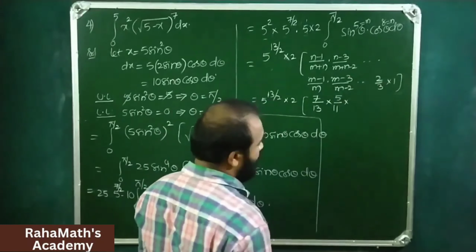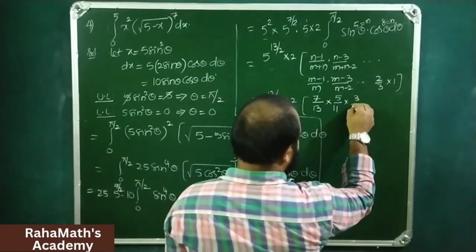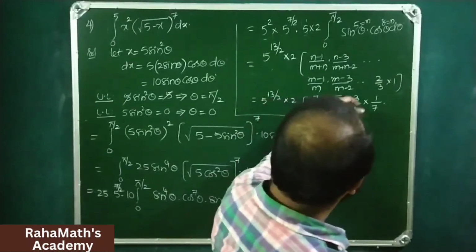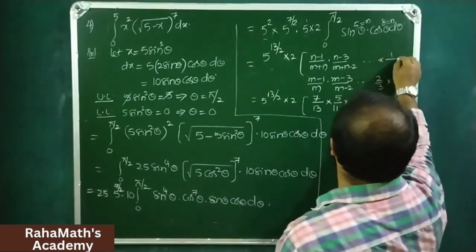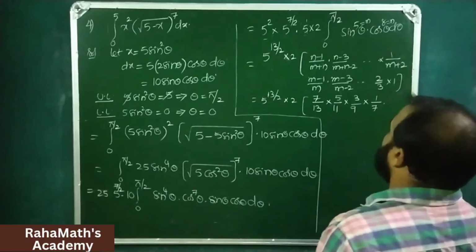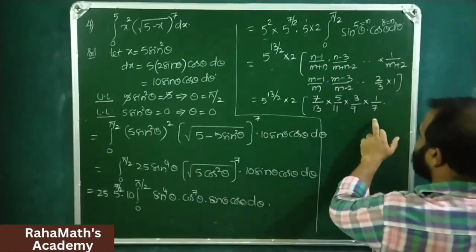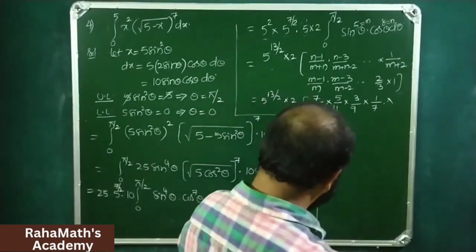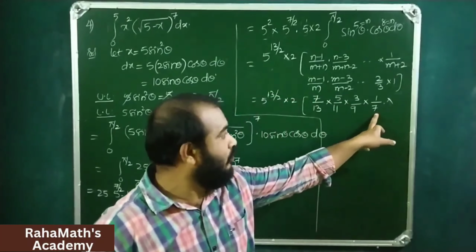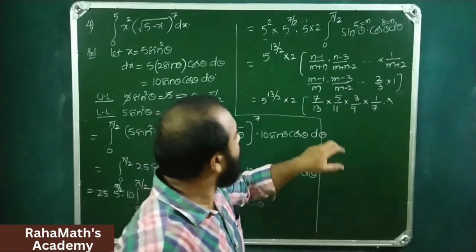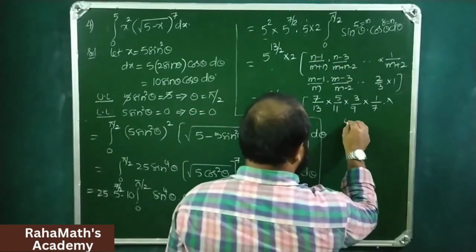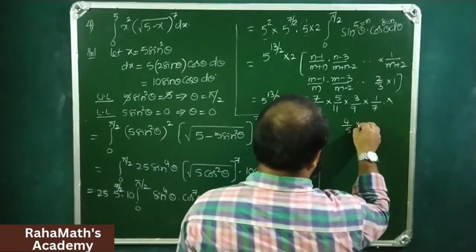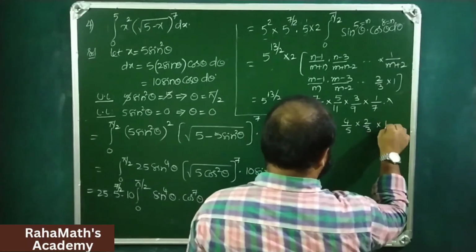Further reduction is possible, so this is 3 by 9. Further reduction is possible, 1 by 7. And check this with the previous term. What is the previous term of this? 1 by m plus 2. M is 5, 5 plus 2 is 7. Yes. And the second part is to be started with m minus 1. Since further reduction is not possible, the second part is m minus 1, m is 5 minus 1, 4 by how much? 4 by 5. Further reduction, 2 by 3, and then we get into 1.